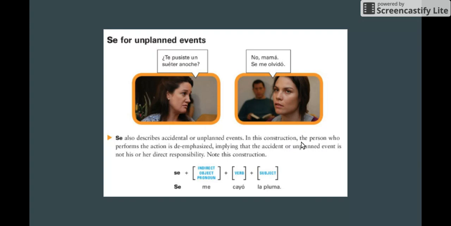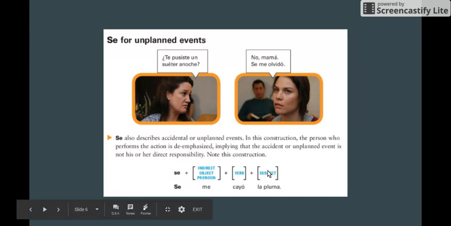Another use of the se is with accidental or unplanned events. A difference between English and Spanish is that Spanish speakers like to remove the blame from themselves. For example, if you're writing with a pencil and your pencil breaks, you'd say, oh, I broke my pencil. Whereas in Spanish, they would say, oh, the pencil broke itself.